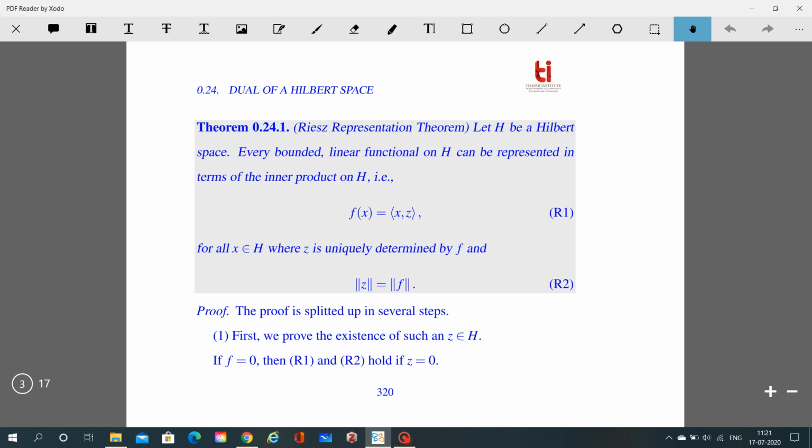In the first step, we will discuss the existence of such a z in the Hilbert space H. So first we prove the existence of this z.